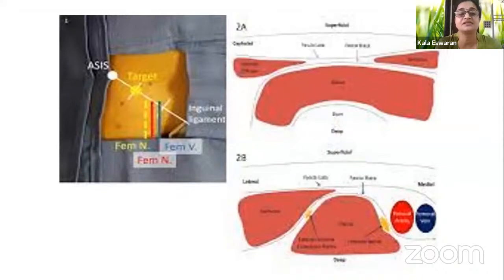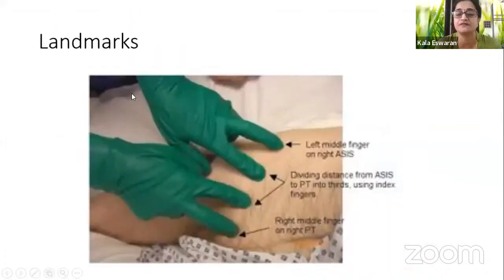Divide this into 3 parts. Then lower down you will see another line, that is the inguinal crease. Just above the inguinal crease and at the inguinal ligament, which is divided into 3 parts, at the medial 2/3 and the lateral 1/3, just a few millimeters, or maximum up to 1 centimeter, you go down. This is your point of insertion.